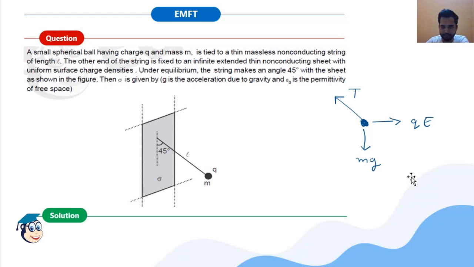This angle is theta as of now, and we know theta is 45 degrees. So you can take components of T as T cos theta and T sin theta.